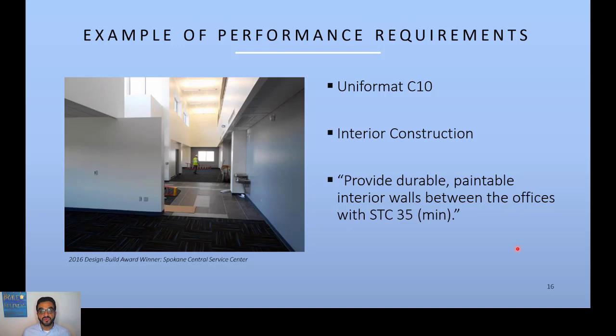STC here is the sound transmission class. So for walls that separate a function that's very loud, like a studio with music, from another space with a function that requires a quiet environment, you need a high STC, a specific level of STC. So this is performance. You're not telling how this wall will be built.